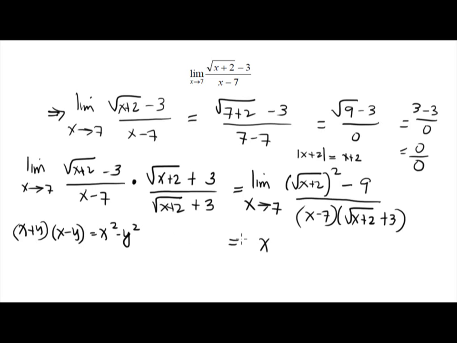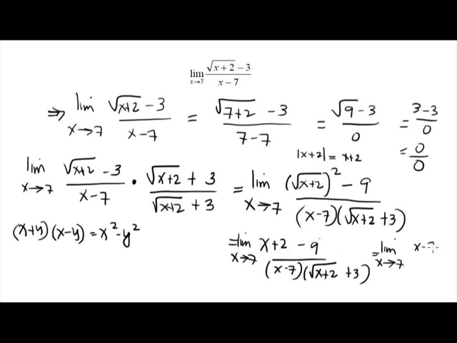So we have limit as x approaches 7 of x plus 2 minus 9 all over, again no need to simplify, just put the proper grouping symbols, x minus 7 times the square root of x plus 2 plus 3.